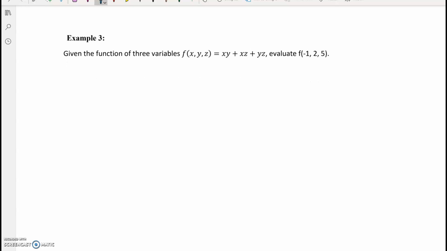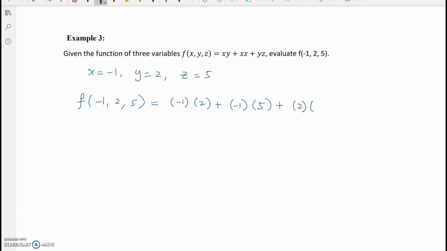Which means x equals -1, y equals 2, and z equals 5. So f of -1, 2, and 5 becomes x times y plus x times z plus y times z.